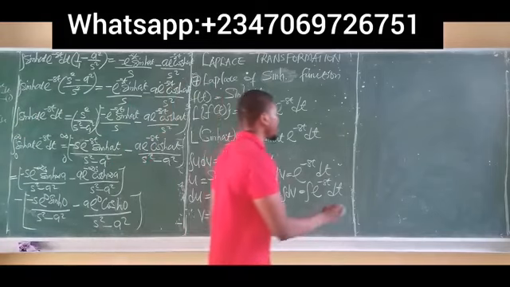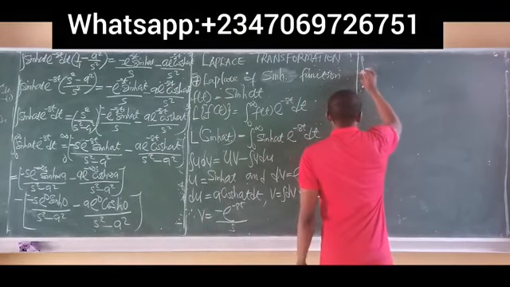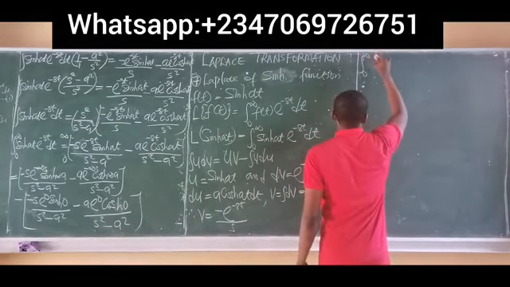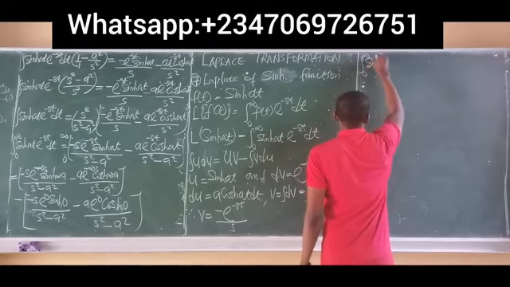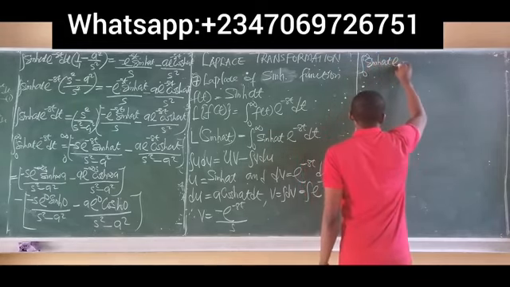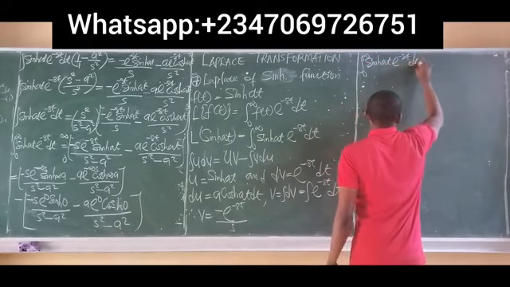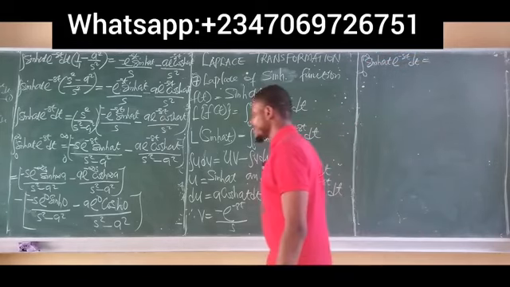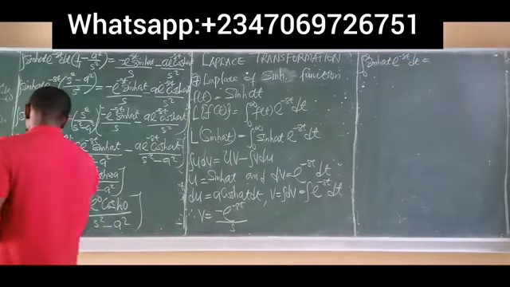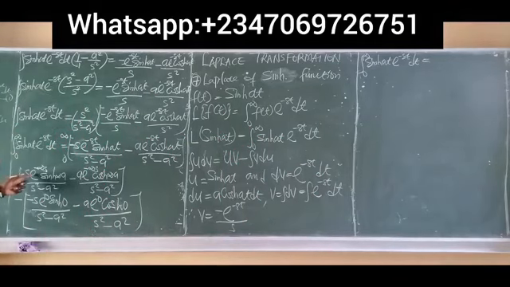So the integral from 0 to infinity of sinh at e to the power of minus st dt is now equal to, let's find the values of this limit. The exponential to infinity is undefined, so it's usually considered 0. The hyperbolic sine of a function to infinity is also undefined, hence we consider the whole of this as 0.